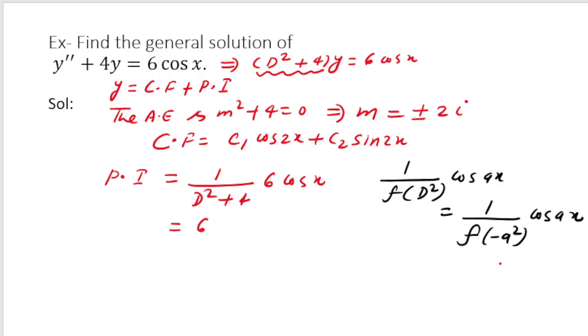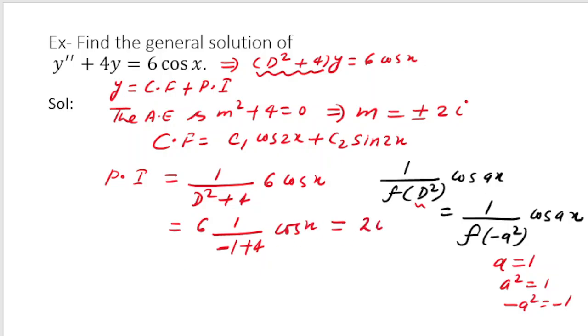And what is a here? a here is 1, the coefficient of x is 1. What is a square? a square is 1. What is minus a square? Minus a square is minus 1. So in place of D square, I repeat, in place of D square, there is no D, it is D square, I am writing minus 1 plus 4 and cos x. So what did I get? I got 6 by 3, that is 2 cos x.